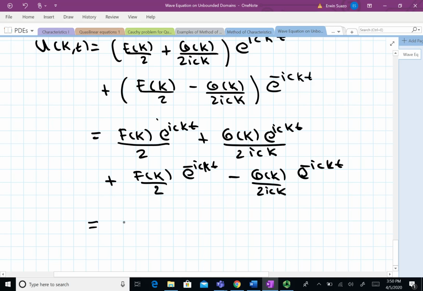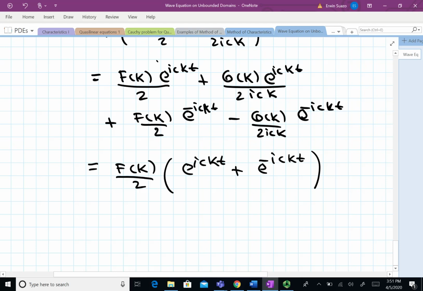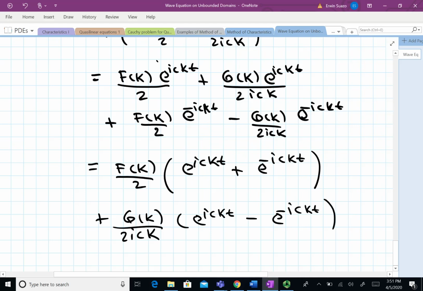When I factor, I get f(k) divided by 2 times (e^(ickt) + e^(-ickt)), and then plus g(k) over 2ic times (e^(ickt) minus e^(-ickt)).